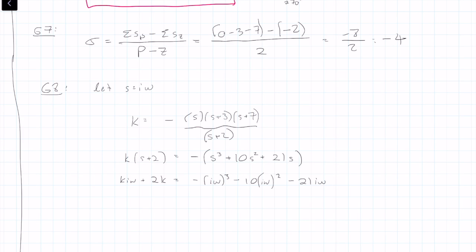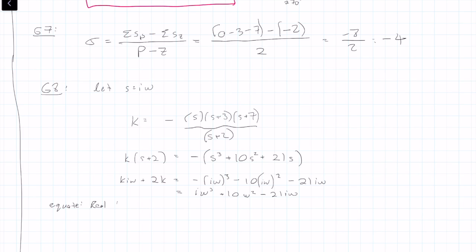Now I'm going to equate reals. So that's going to be minus I cubed, which is I omega cubed, minus I squared is a minus, so we're going to get plus 10 omega squared minus 21 I omega.